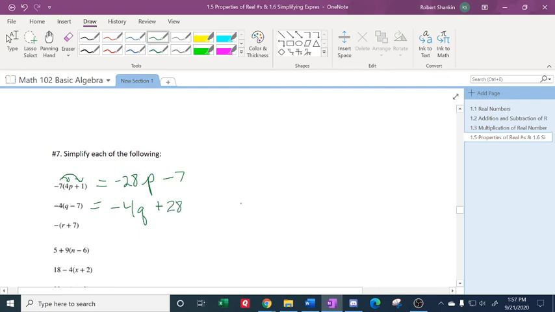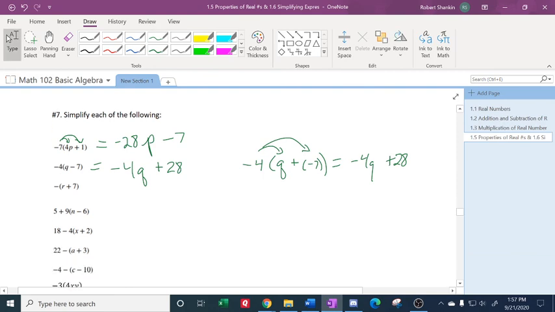Let me show you another way I could have done this. Subtraction is the same as adding a negative. It might be a little more clear this way. Negative times negative is positive. And when we distribute the negative sign, it's got to go to both terms.